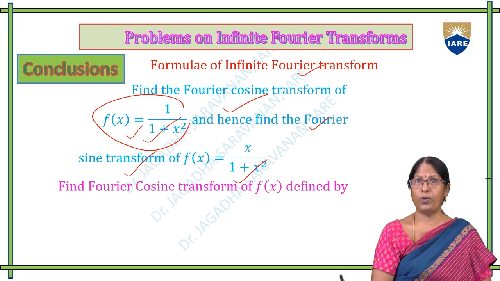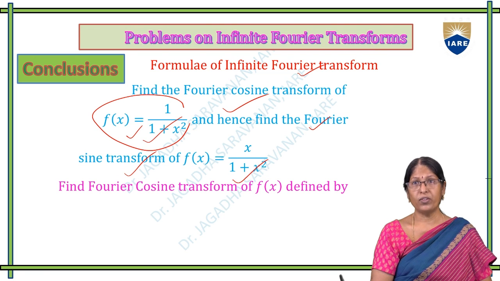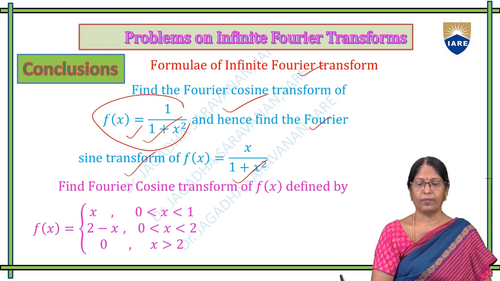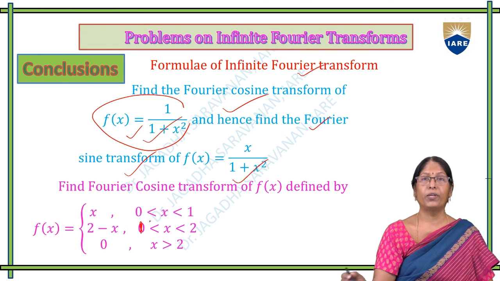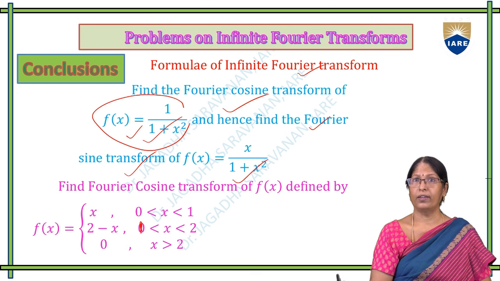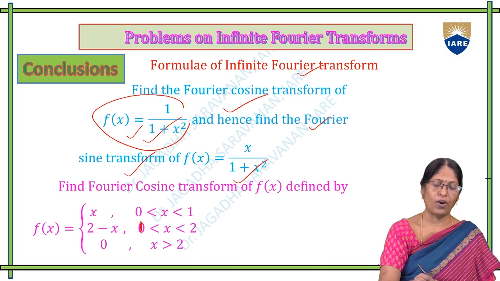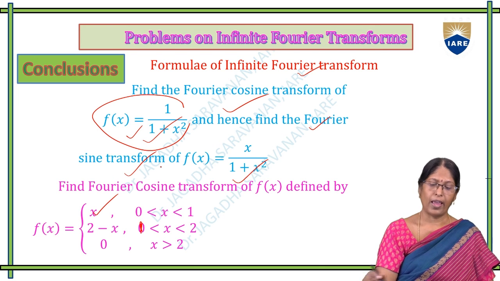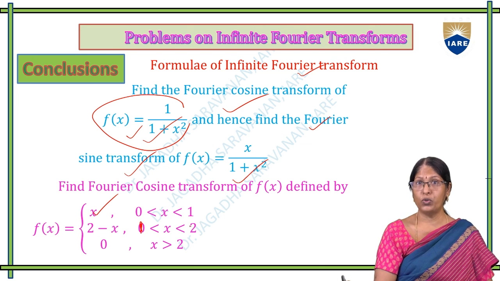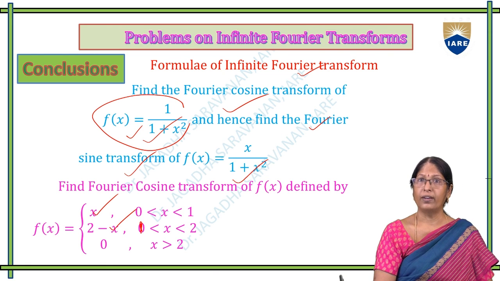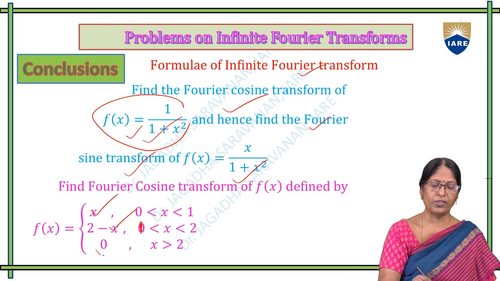The next problem: find the Fourier cosine transform of f of x defined by, here 1 should be there, x lies between 0 to 1, the function is x. x lies between 1 to 2, the function is 2 minus x, and x from 2 to infinity, the function is 0.